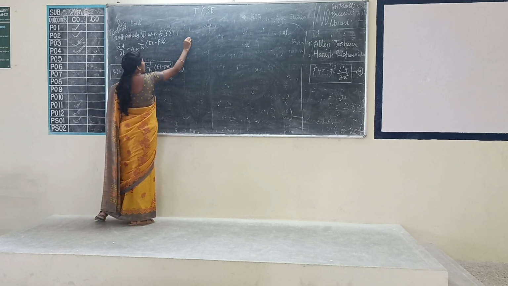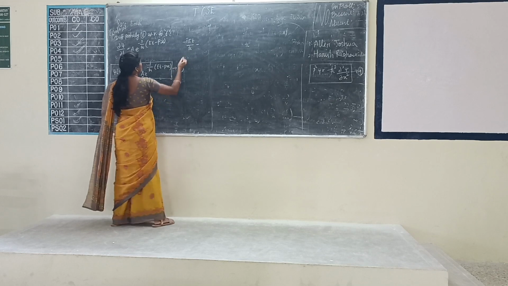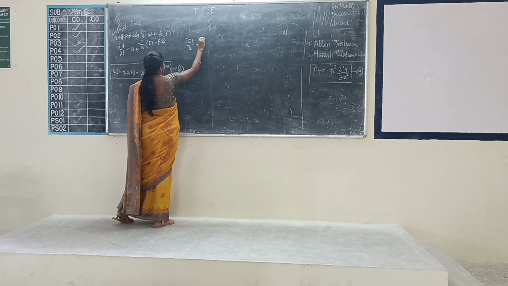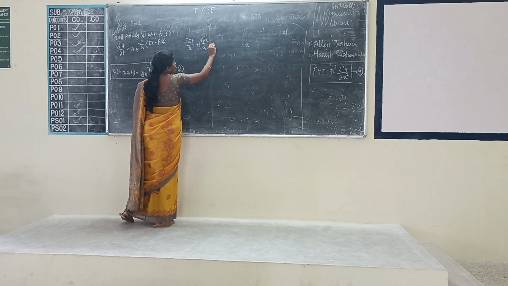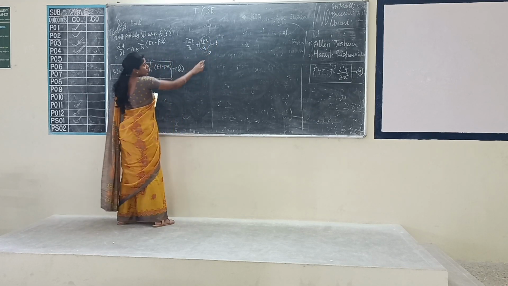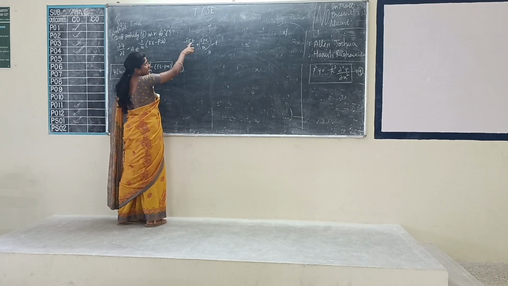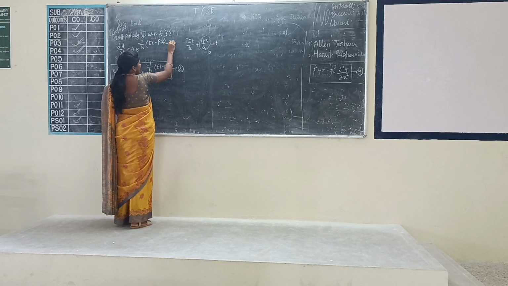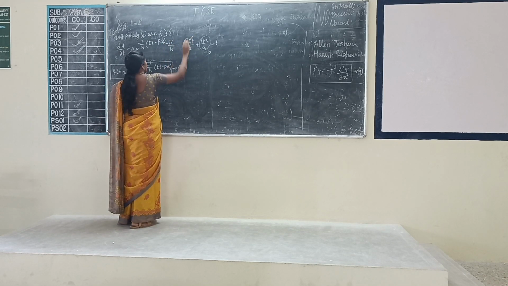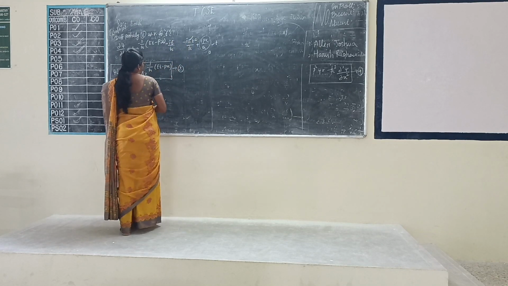So minus i E e power (Et) divided by h cross is the first term. What is the second term? Plus i px divided by h cross. Here there is no t term, so the differentiation of a constant is 0. We are having only minus i E divided by h cross. What is the differentiation of t? 1.